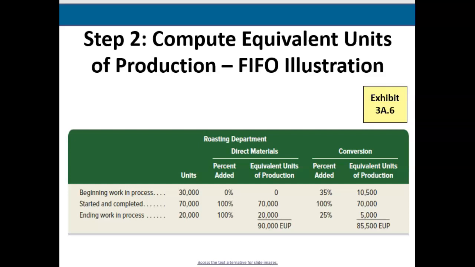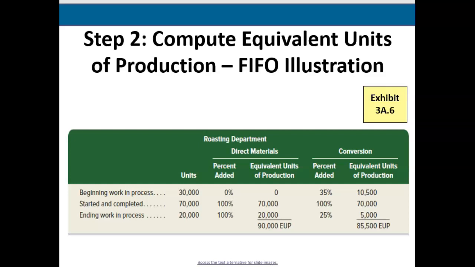EUP is 0 as no direct materials were added to complete these units. Started and completed units were 70,000. These units received 100% of direct materials during the period, so EUP is 70,000. Ending work in process had 20,000 units started, but not completed during the month. These units received 100% of direct materials this period, so EUP is 20,000.